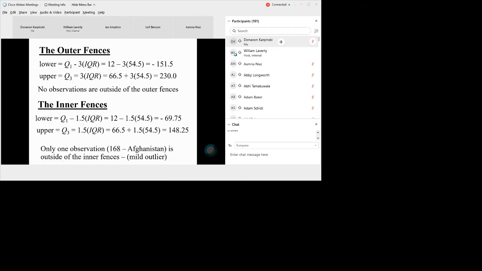For the outer fences, you multiply the interquartile range by 3; for the inner fences, multiply it by 1.5. So the lower outer fence is minus 151.5, the upper one 230. The lower inner fence is minus 69.5. Upper inner fence 148.25.